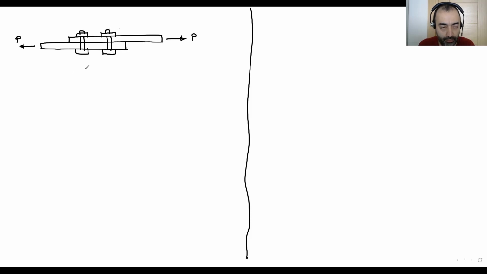and let's have a look at the plan view. This is the top plate, the bottom plate is under this plate, that's why this is the hidden line.